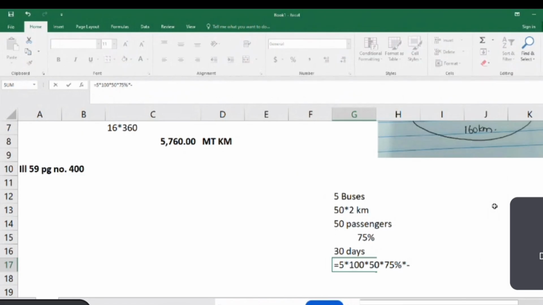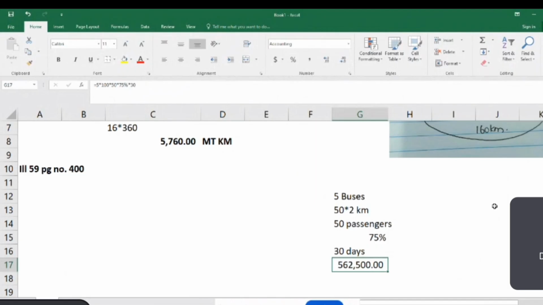It has run 30 days. So the passenger kilometer is 5,62,500. So this is your passenger kilometer. Hope you understood this one.